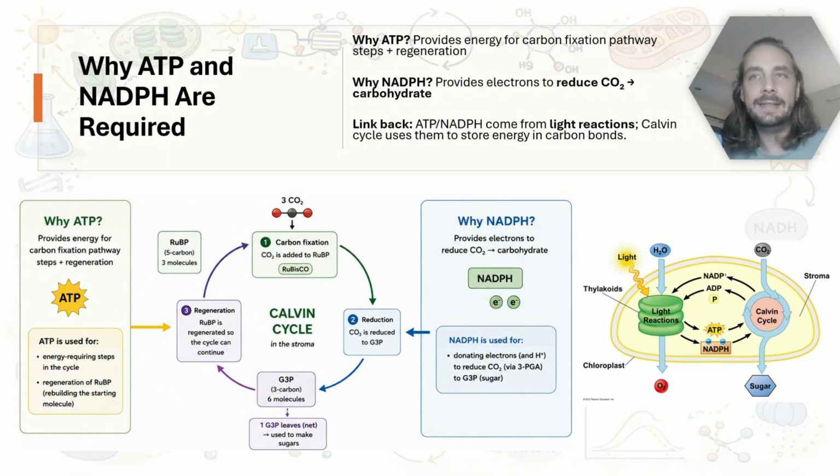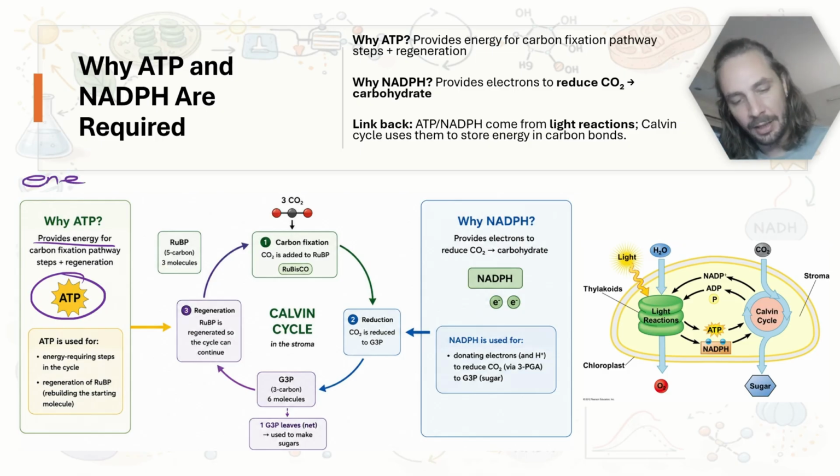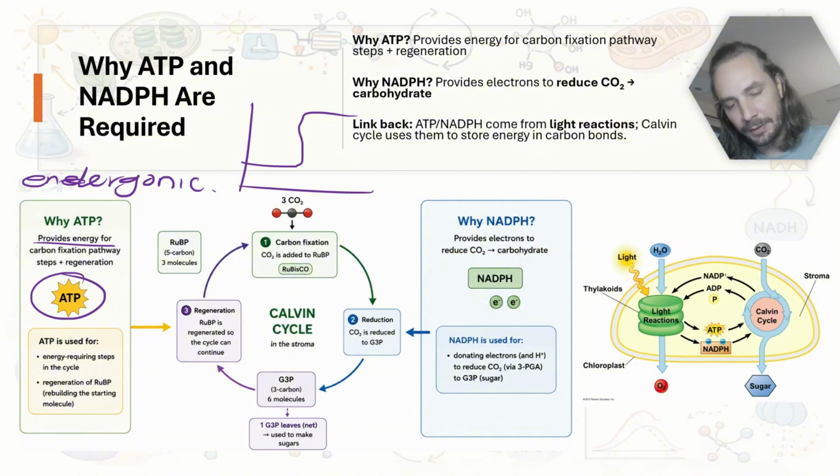So why are ATP and NADPH required? ATP provides the energy for the carbon fixation pathway because it is an endergonic pathway, meaning that my reactants are at a lower energy level than my products. So it needs energy.